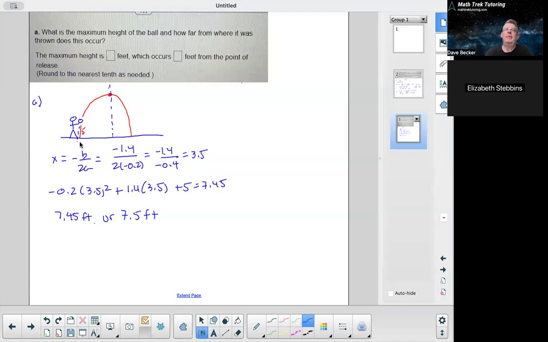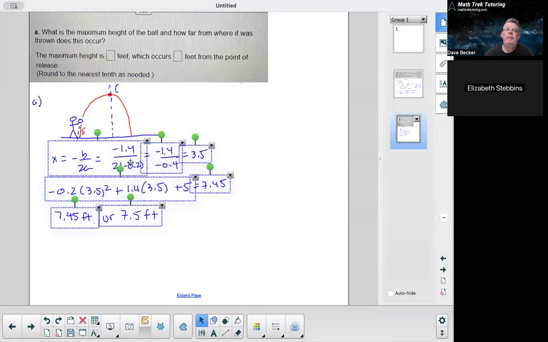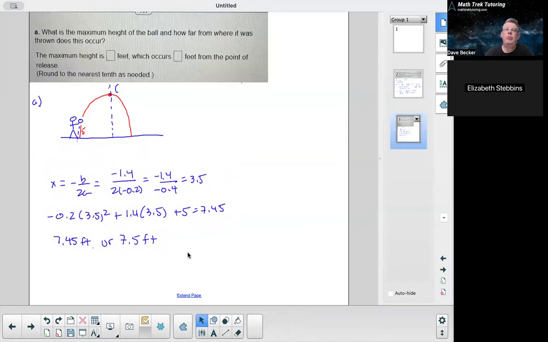Yeah. Okay, so what we have to do, we know that here is 3.5, right? This is the point, 3.5, right? And then over here is 0.